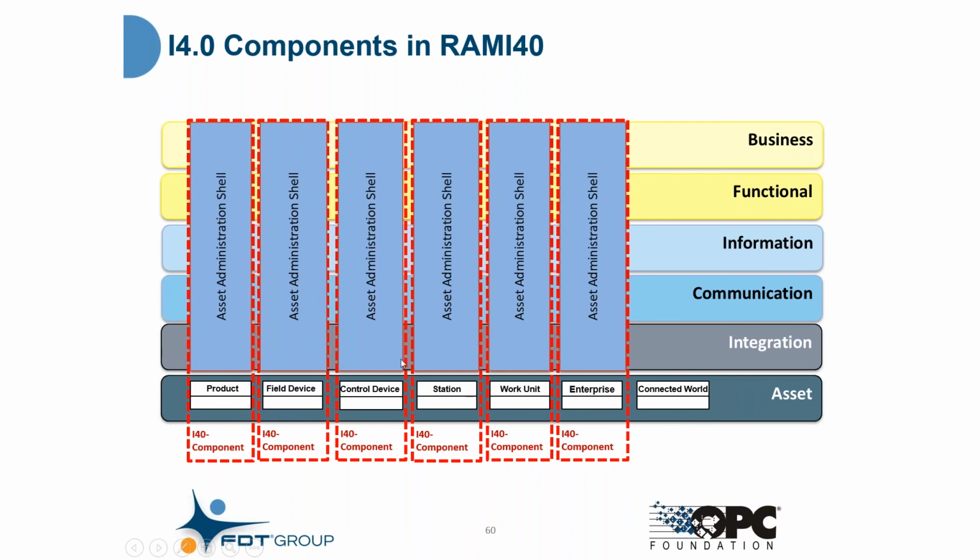When we look at this, in the asset layer we see the specific assets, and all the other layers are provided by the asset administration share. Together they represent the Industry 4.0 component. And something that we know for sure is that for different types of assets, we are going to need different asset administration shares.